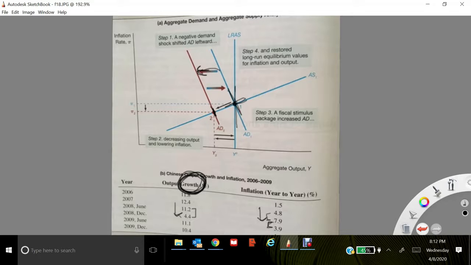And apparently there was a massive stimulus package in China to increase output.